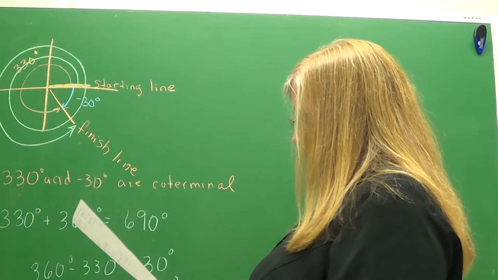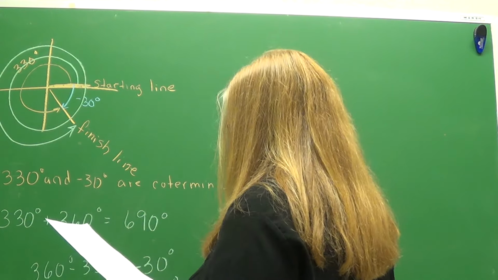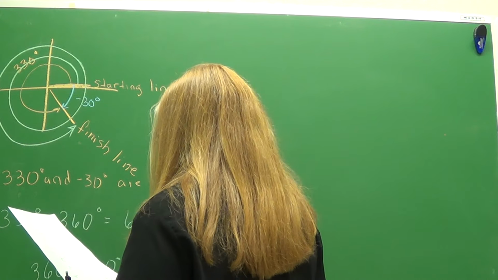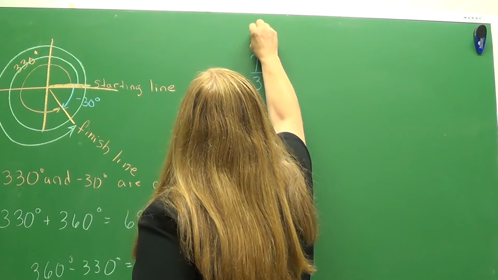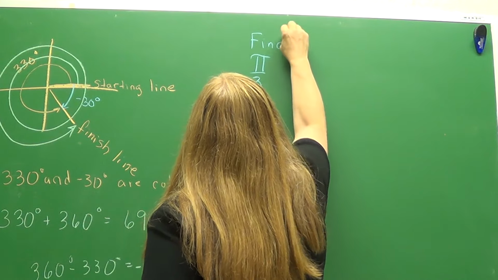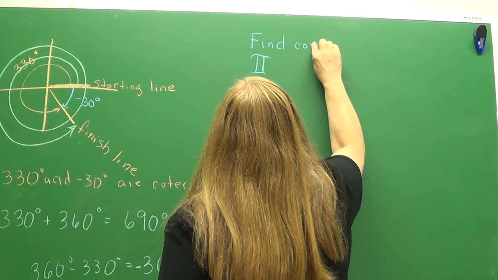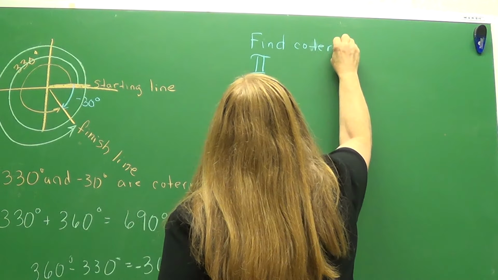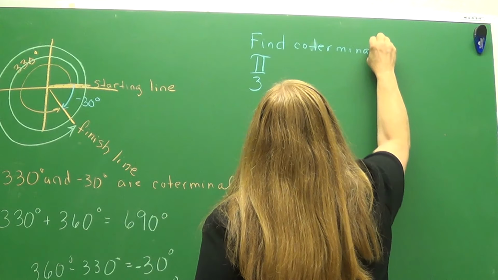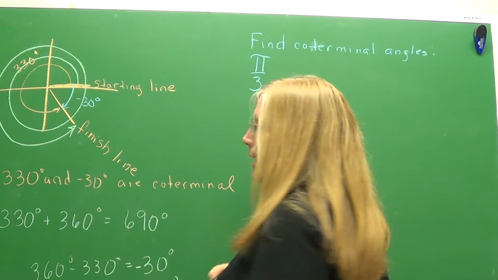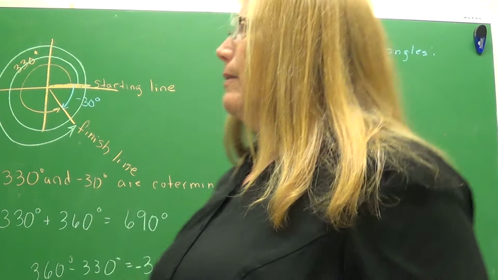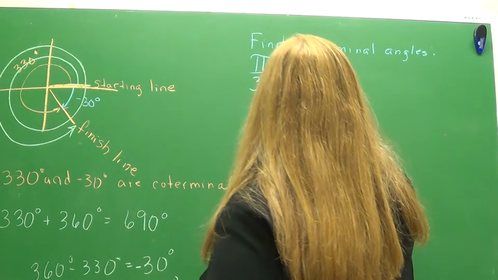Let's find an angle that is coterminal to pi over 3. So pi over 3, and the direction is find coterminal angles. And I want one positive and one negative. So I'm going to take my value, pi over 3.